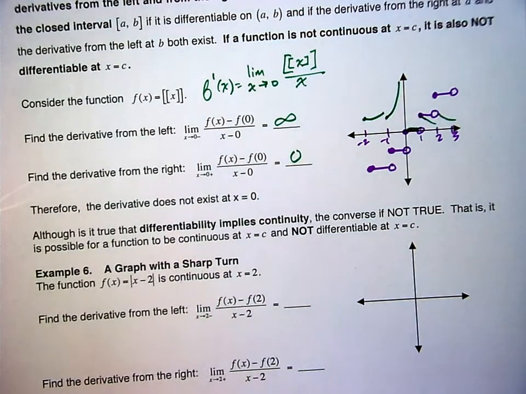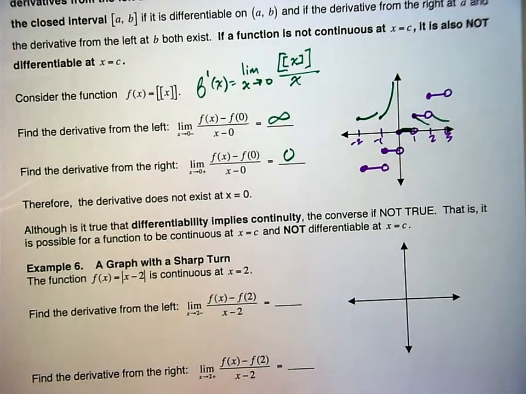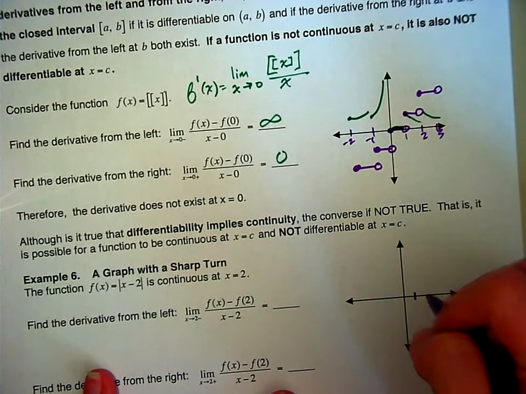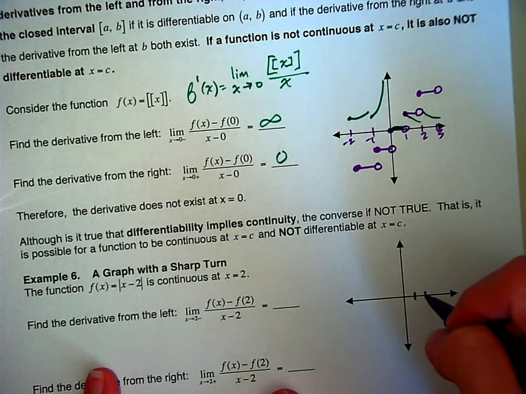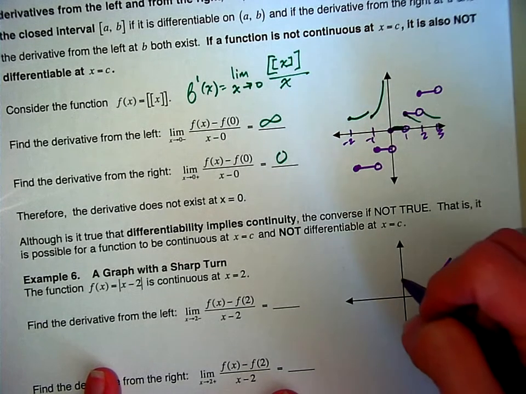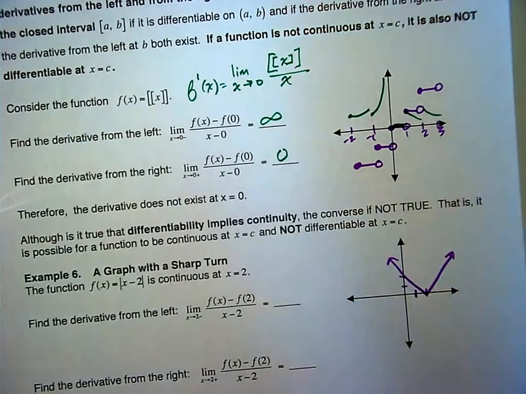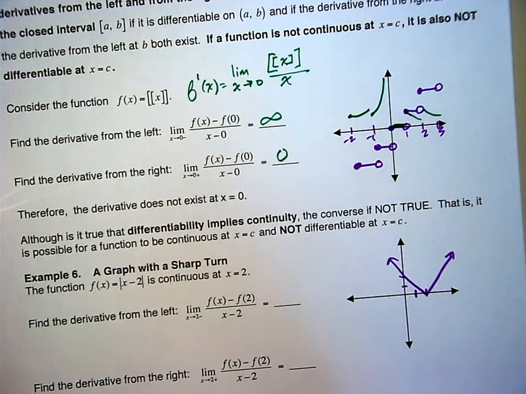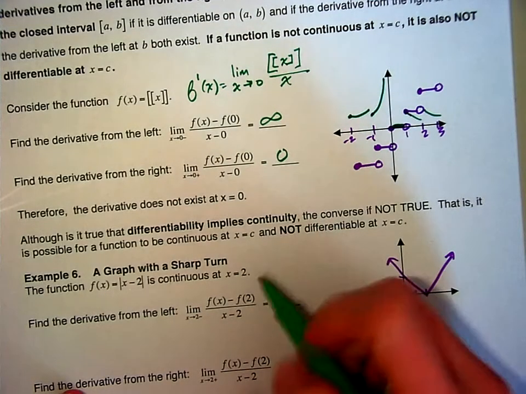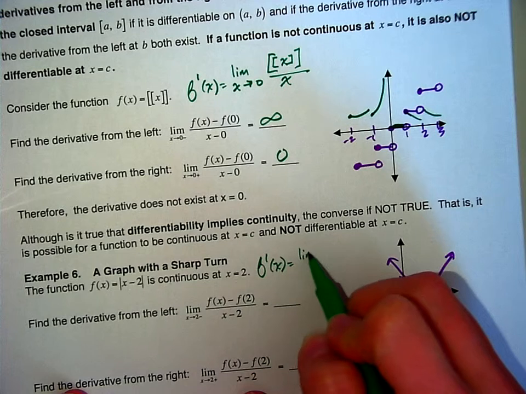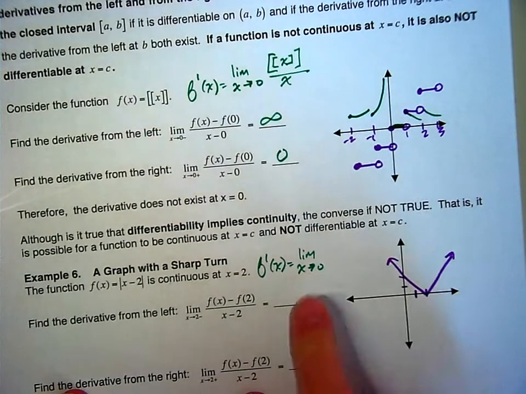Example 6. We have the absolute value of x minus 2. So that's a shift right 2. The absolute value. So this is our graph, and we want to look at the derivative. Now again, if I'm doing the derivative of f of x, I'm going to go ahead and do the limit as x approaches 0.